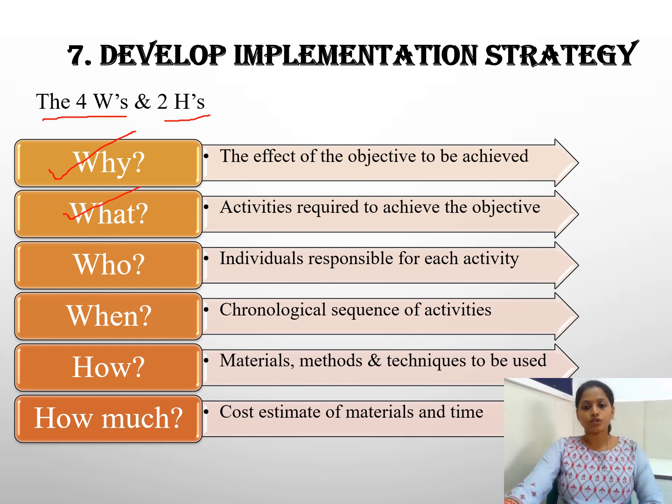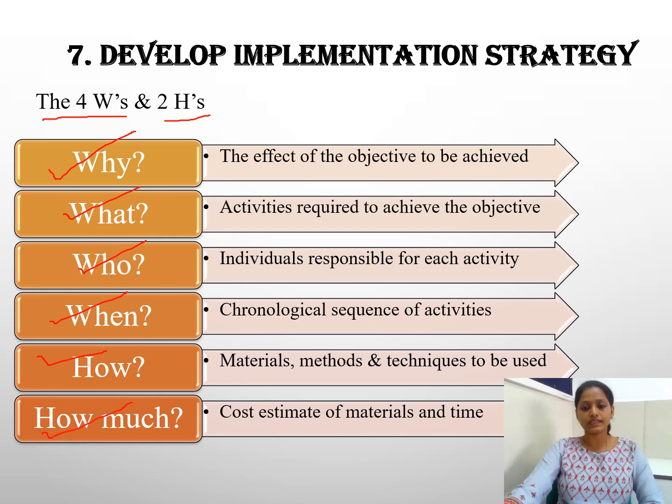What are all the activities that are required to achieve the objective? Who is involved or who is responsible for each activity? When, as in chronological sequence, when should each activity happen? How can the materials, methods and techniques be used?